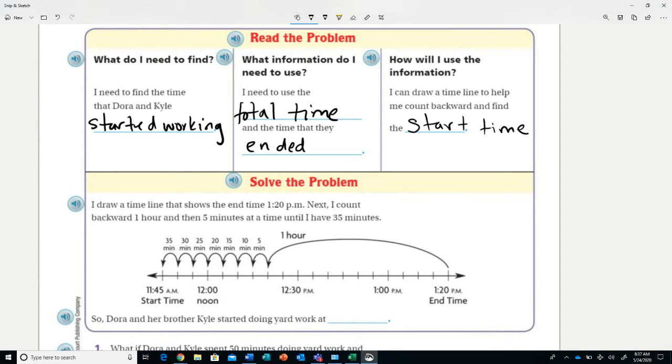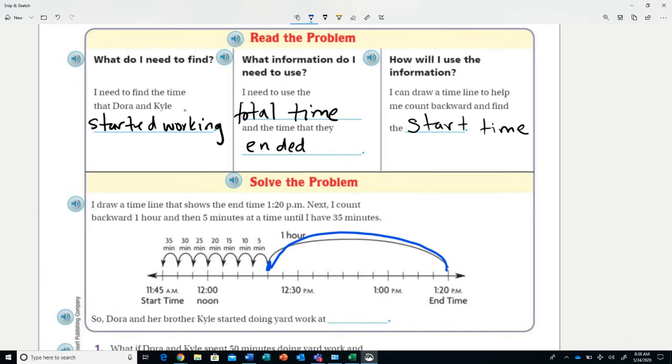All right, and now we're down to solve the problem. I drew a timeline that shows the end time, 1:20 p.m. Next, I count backward 1 hour and then 5 minutes at a time until I have 35 minutes. So Dora and her brother Kyle started doing yard work at, according to our chart, 1:20, an hour earlier would have been 12:20.